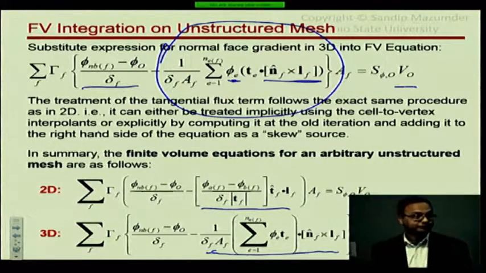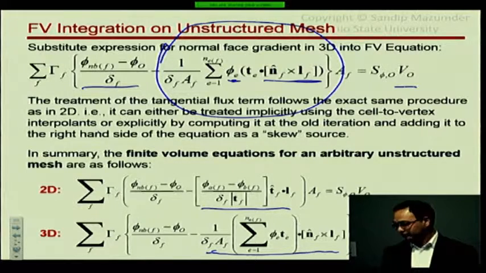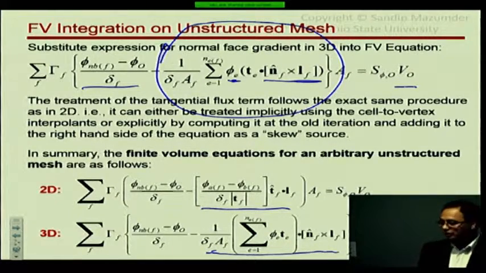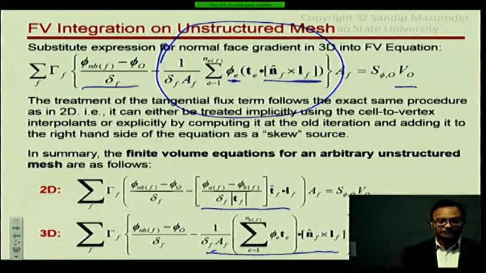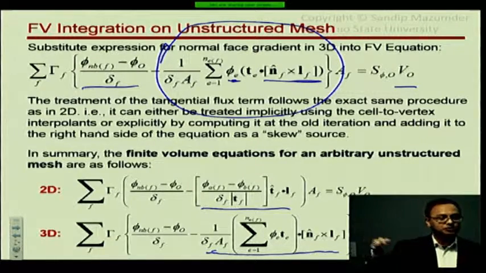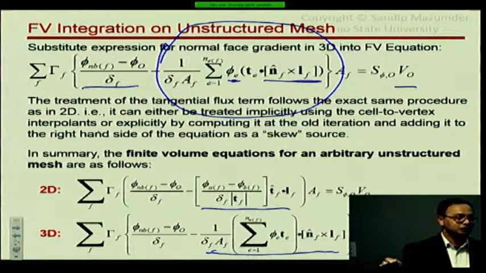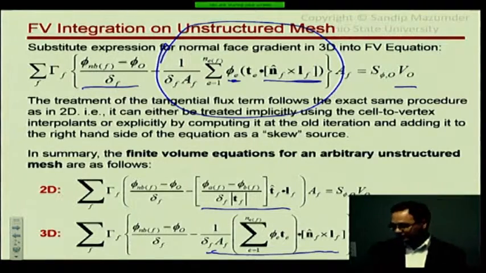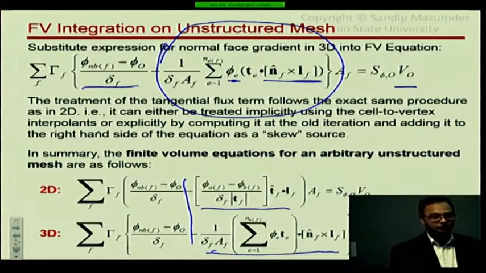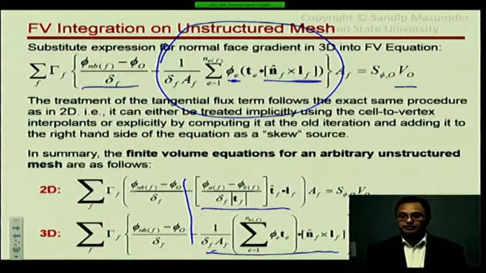But other than that, if you think about a 2D code versus a 3D code, and you're generating one for an unstructured mesh, really the only thing you have to do is say that if 2D, then this is how you calculate your skew sources. If 3D, then this is how you calculate your skew sources. Everything else is the same. These terms are identical, so you don't even have to bother about 2D or 3D for those terms. Any questions?